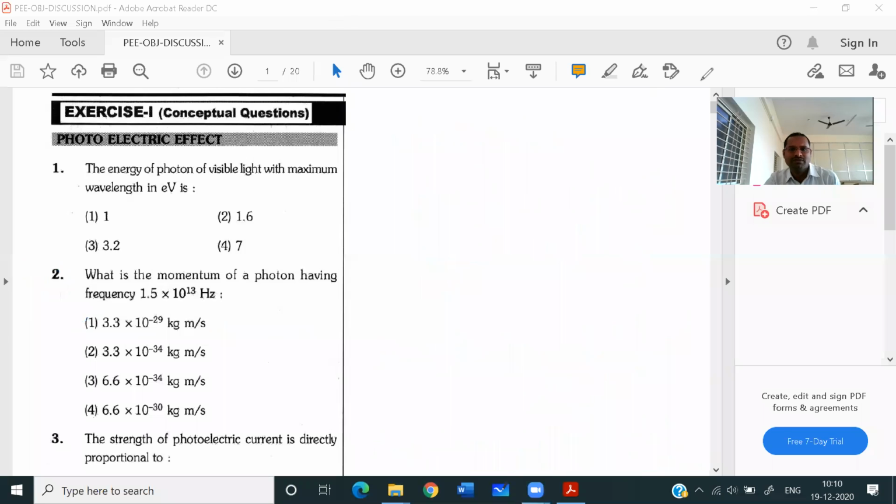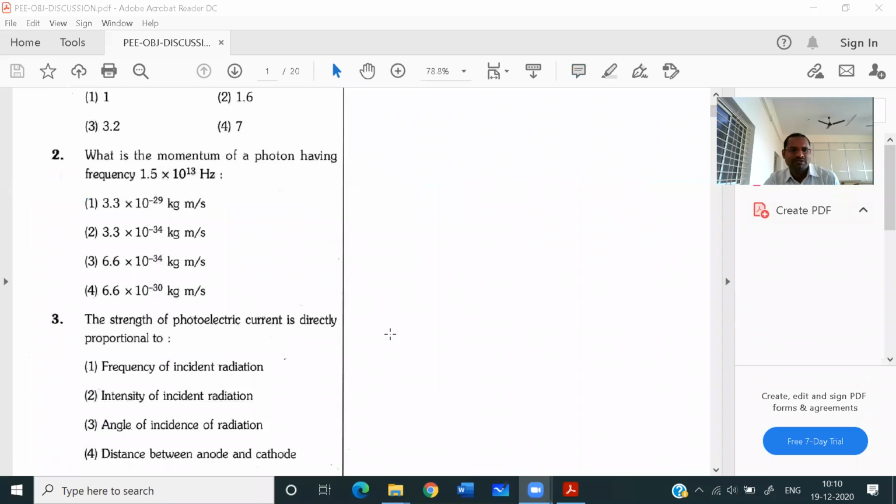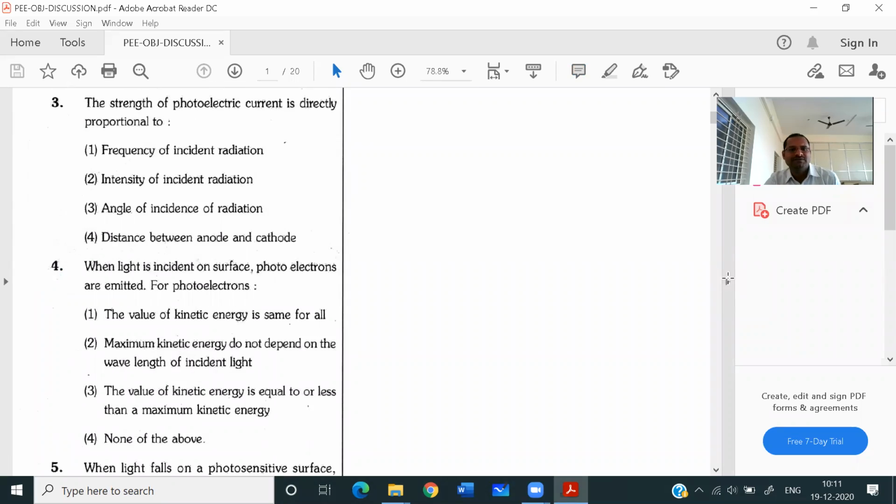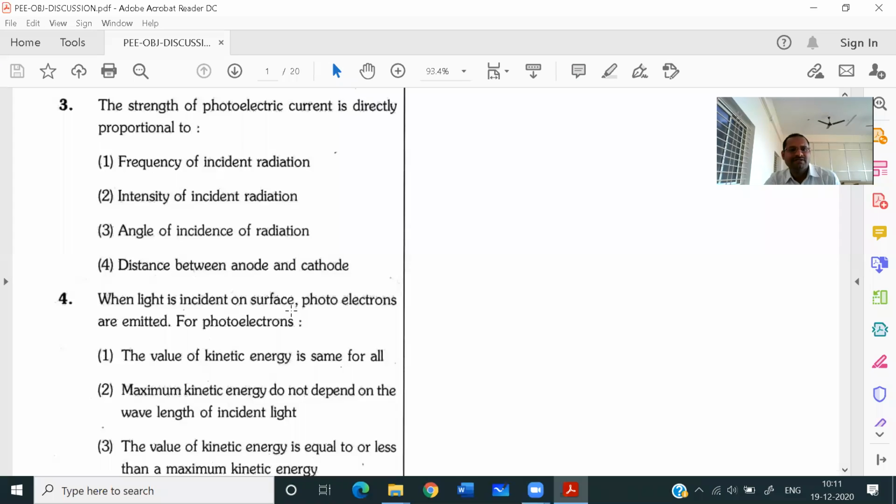Next, let us go to question number 3. What have they given? See there, they have given that the strength of photoelectric current is directly proportional to... Yes, it is a direct question. Strength of photoelectric current is directly proportional to what? This is about the laws of photoelectric effect.